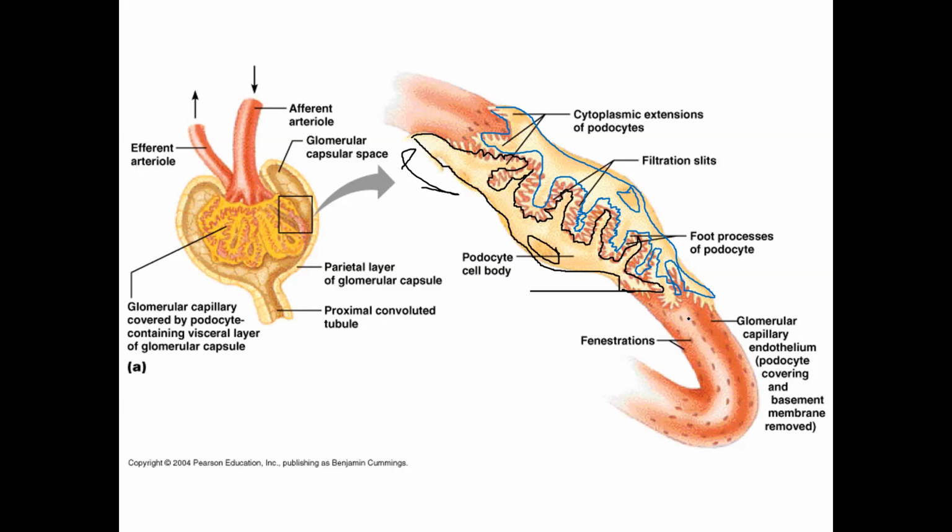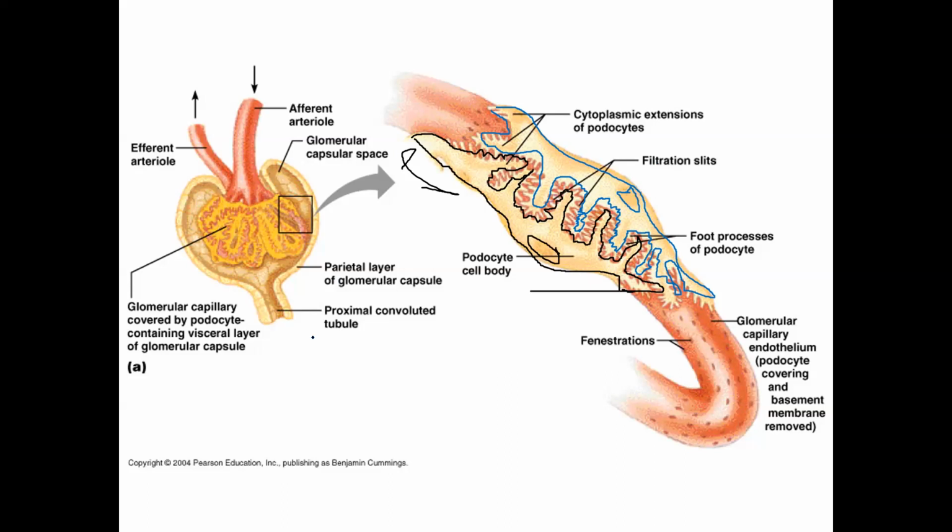In the blood, the majority of the materials can fit through these fenestrations and get out. Once they get through the fenestrations, they can pass the basement membrane and these gaps. These gaps are called filtration slits. Then they get to the Bowman's capsule right here.